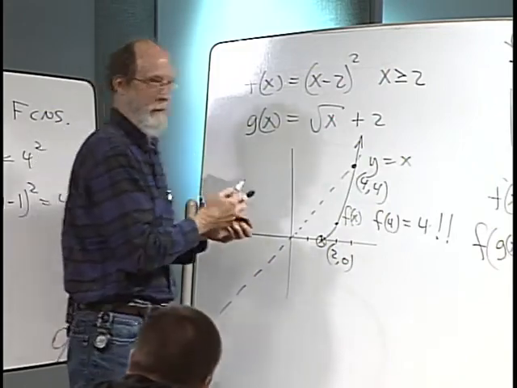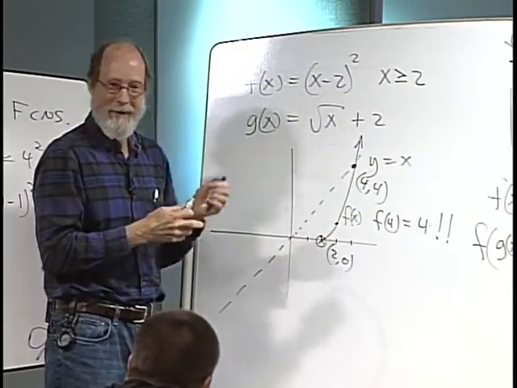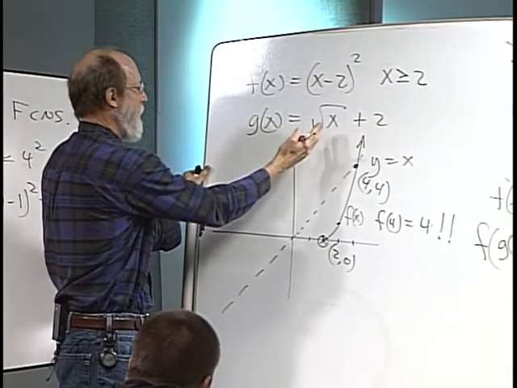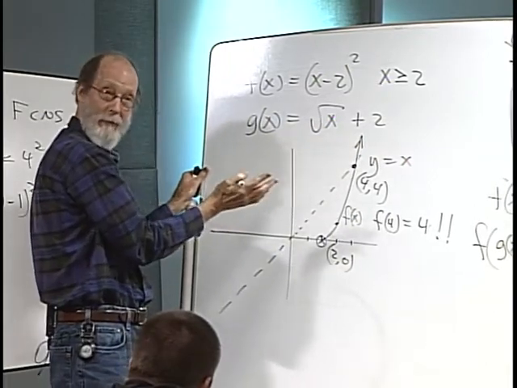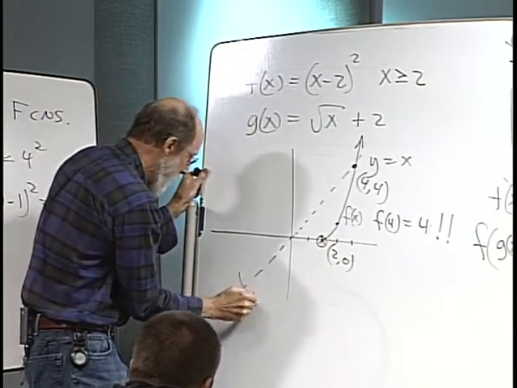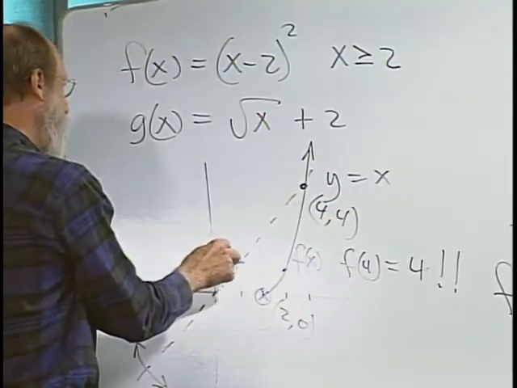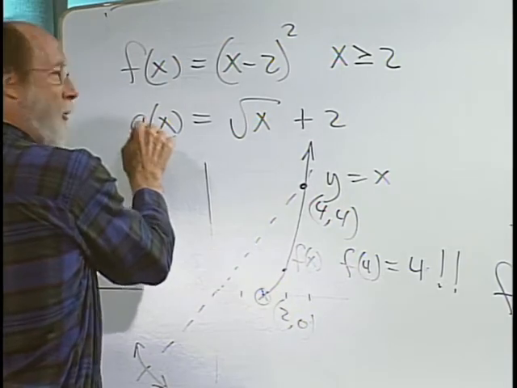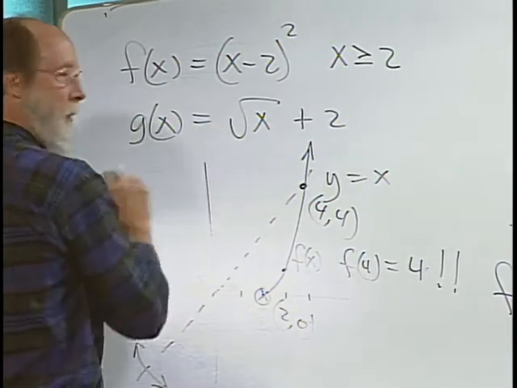Still awake? Okay, so let's draw this other one and see what we get. See if we get the mirror image. Because if we get the mirror image across the y equals x line, then we could be assured that this g of x thing here is its inverse as a function.